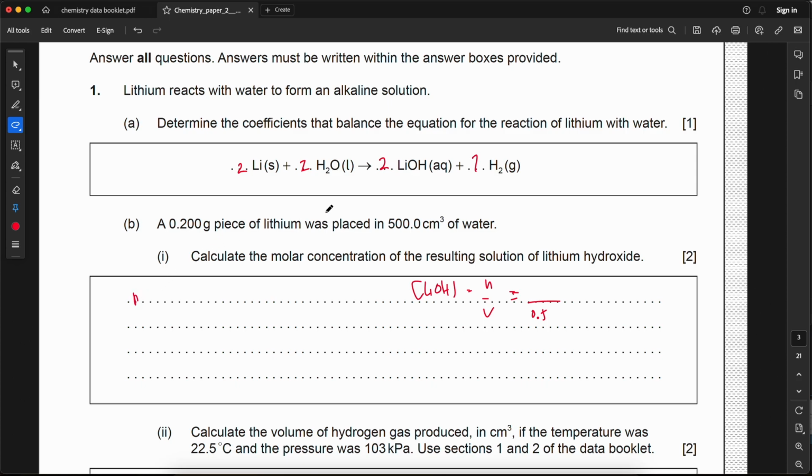So we can find the mole of LiOH by doing mole ratio. First, let's find the mole of Li, which is 0.2 divided by 6.94. You get 0.0288 because the coefficients are the same, therefore the mole will be the same as well, 0.0288, and you will get 0.0576 mole per decimeter cube.